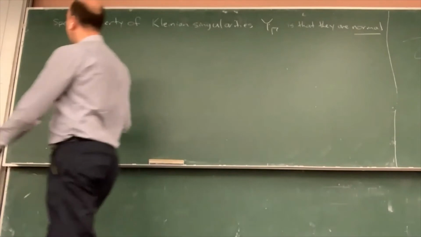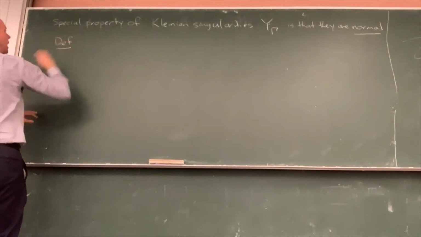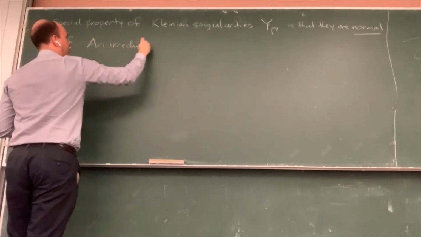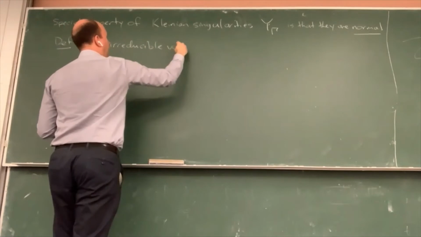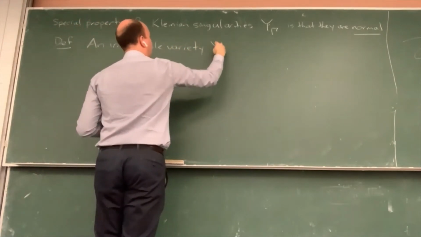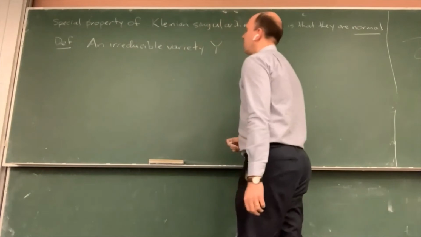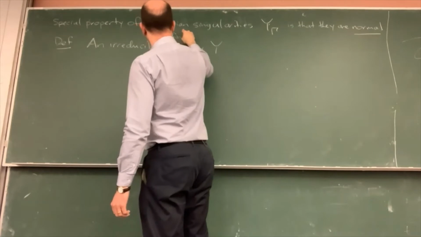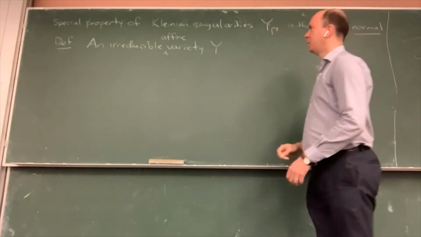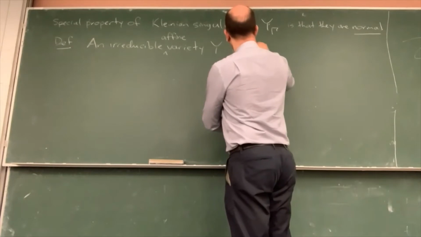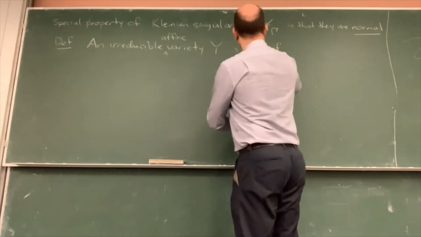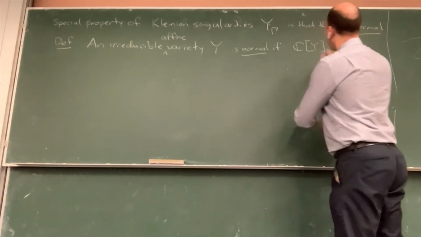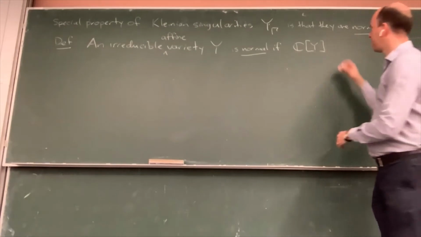What that means, this is the definition for an arbitrary irreducible variety, but I only want to give the definition for affine varieties, since that's the only case that I'm going to need, and it makes it easier. So an irreducible affine variety Y is normal if its coordinate algebra is integrally closed in its field of fractions.